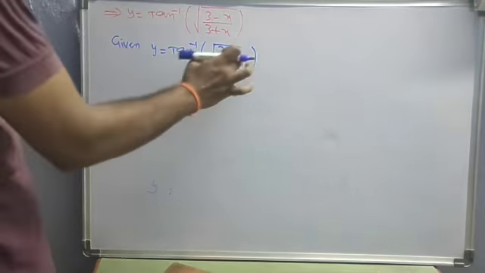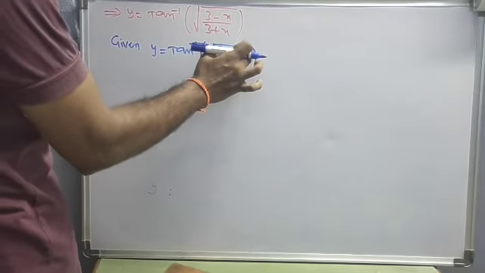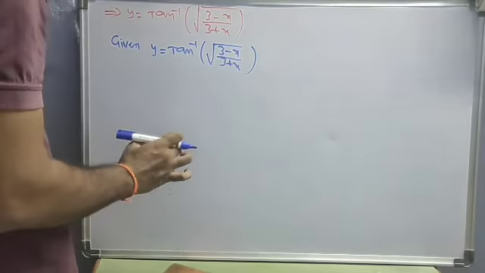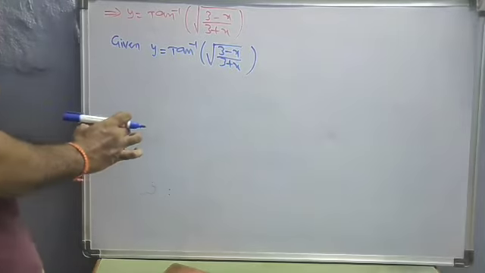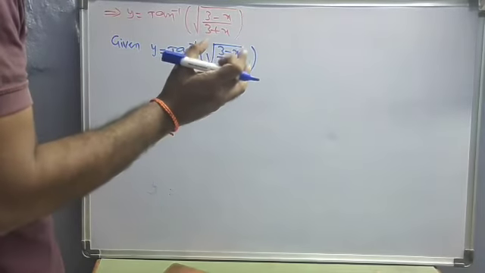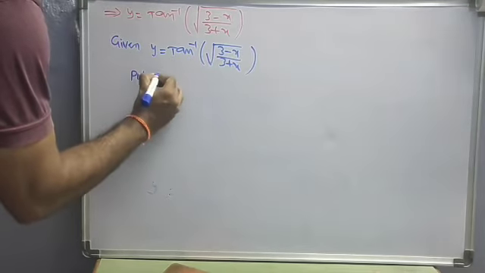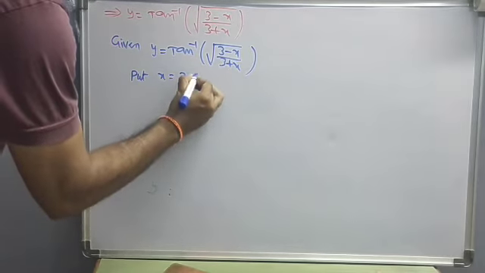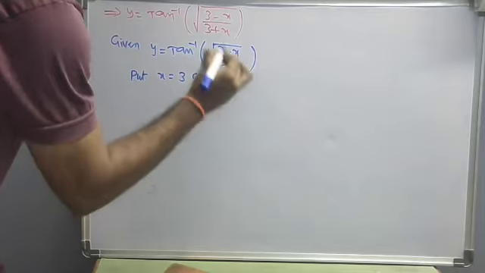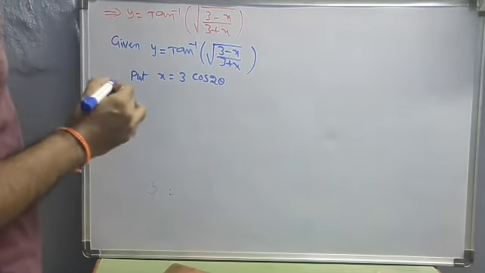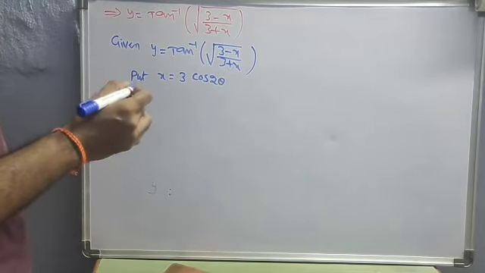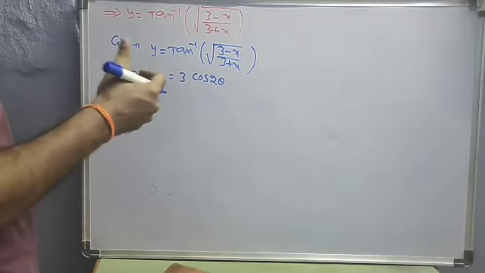So for tan, this function should become sine and this function should become cos. We have some formulas in trigonometry, so for the solution you just put x equal to 3 cos 2 theta. Some people take only cos theta, no problem, you can take cos 2 theta or cos theta.